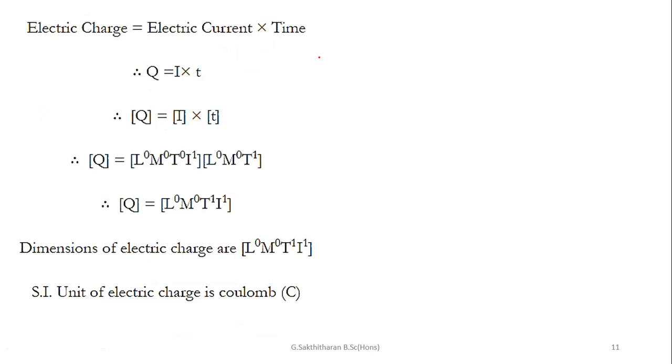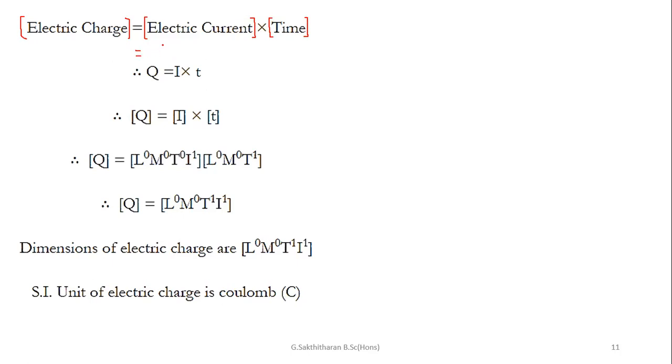Another one is electric charge. Electric charge equals electric current into time. So this one is a new dimension: electric charge and electric current. The dimension of the electric charge equals electric current into time. This equation also we will study in electricity.